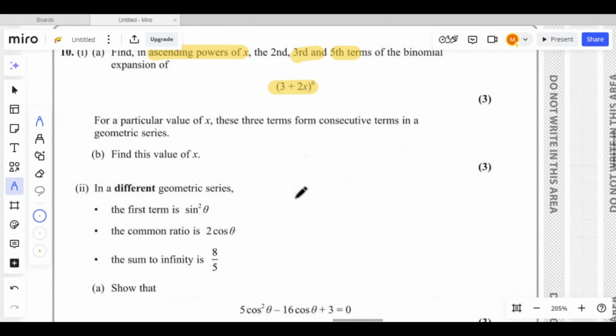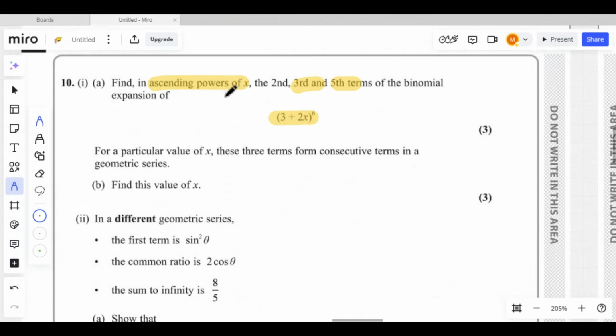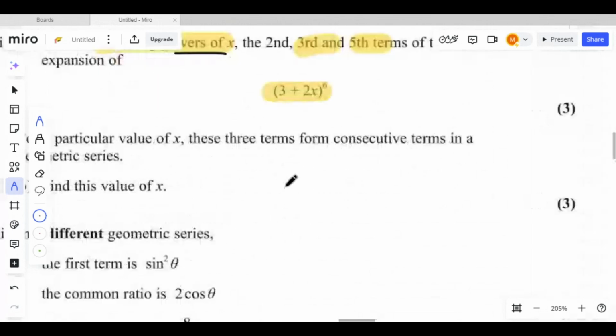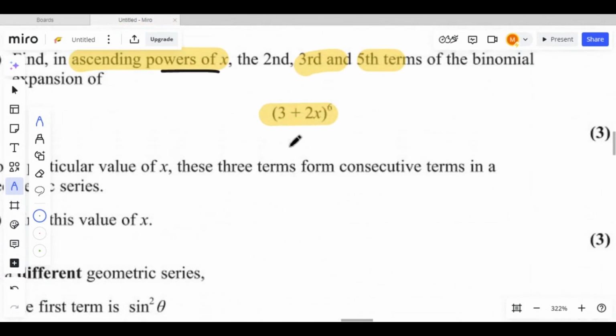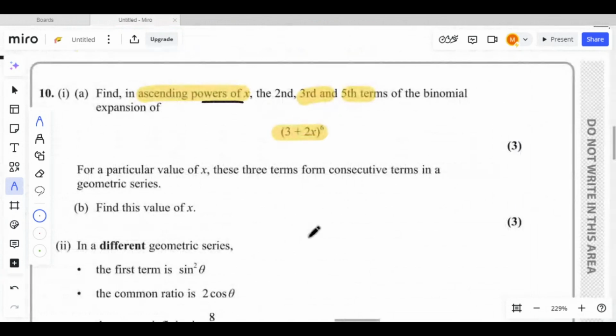In the first term, they said in ascending powers of x, right? That means in the first term, the power of x is 0. So here, the power of x would be 1. So the first term, the power of 3 was maximum, 3 to the power 6.